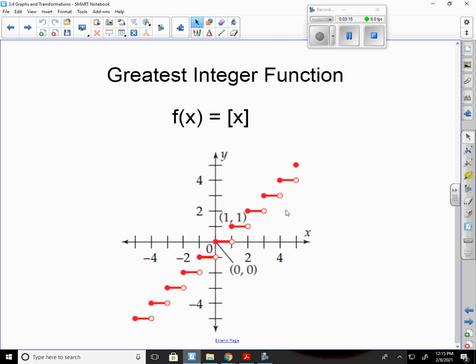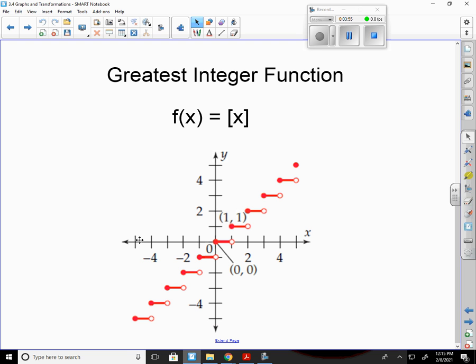Next is the greatest integer function. This is f of x equals bracket x. Now the greatest integer function is going to be going in steps. This says that every number that's between -5 and -4 is the greatest integer that's less than the number.